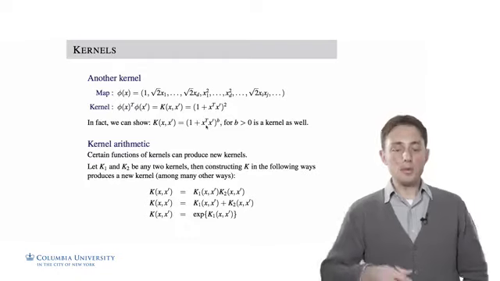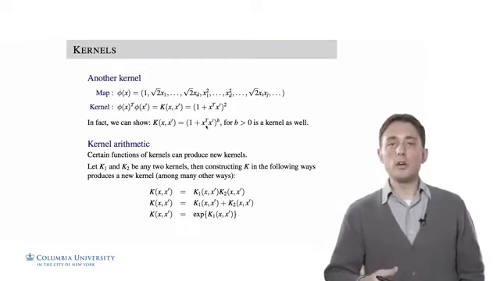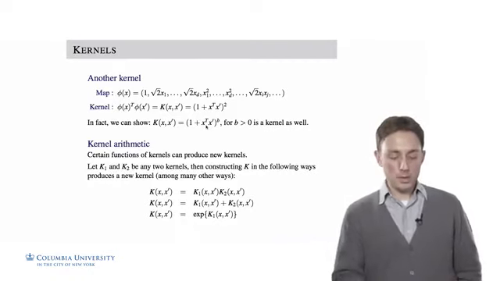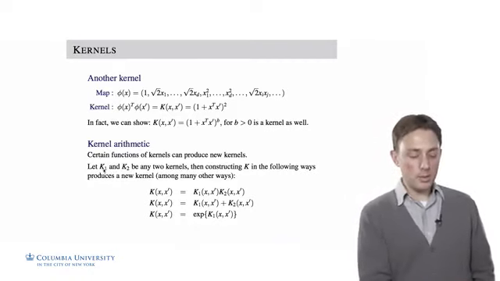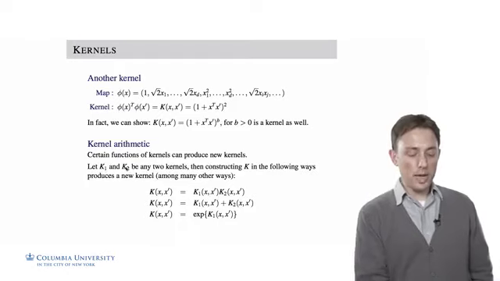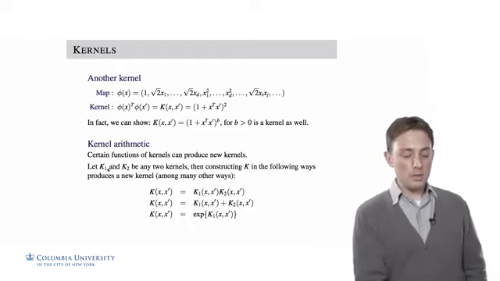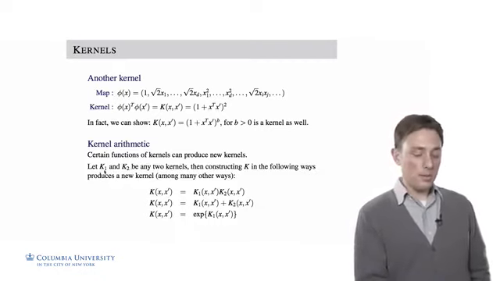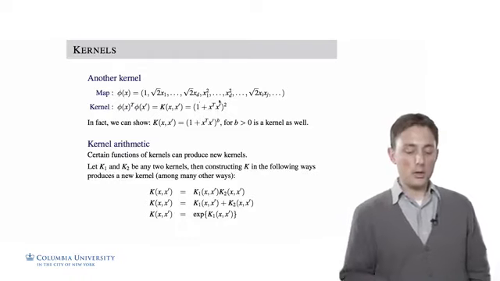Also, important to know is that certain functions of kernels are still kernels, so we won't necessarily use these or discuss these in more detail, but to give some examples, if we have two kernel functions, K1 and K2, so these are two different functions that we know, both of which are kernels. For example, K1 could be the Gaussian kernel, K2 could be this kernel.